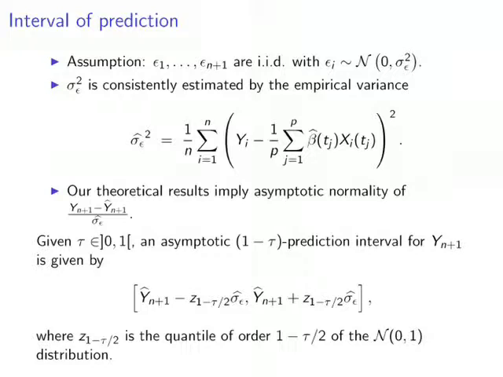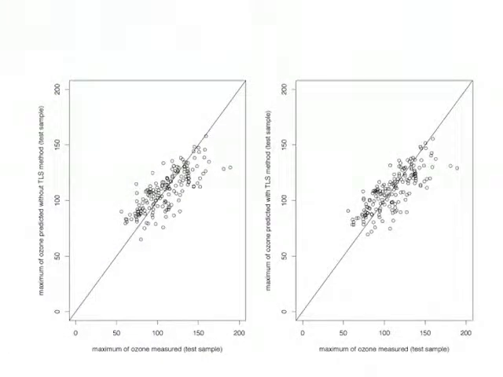Then by our theoretical assumptions, asymptotic normality gives the asymptotic prediction interval for y_{n+1}, for the new curve of the next day, as this confidence interval with the estimated variance and normal quantiles.